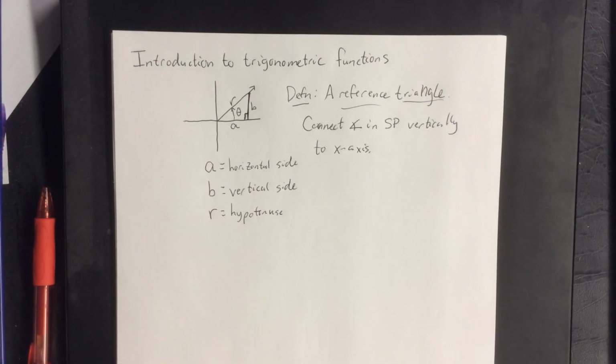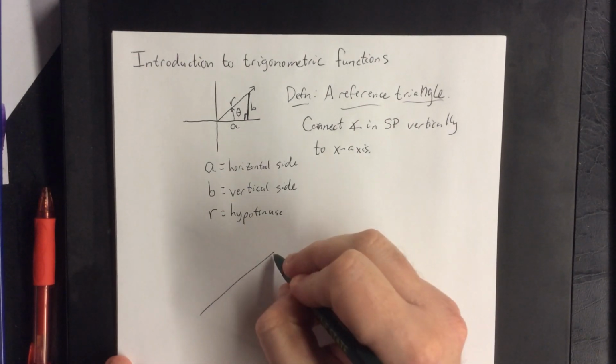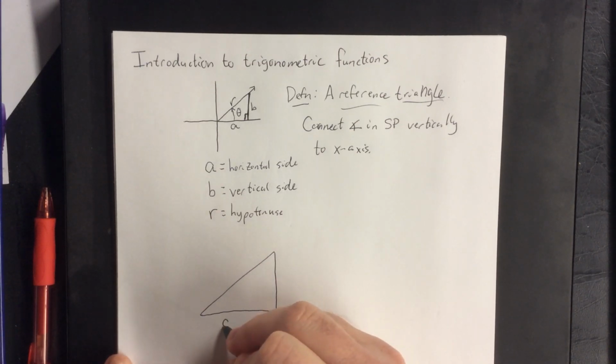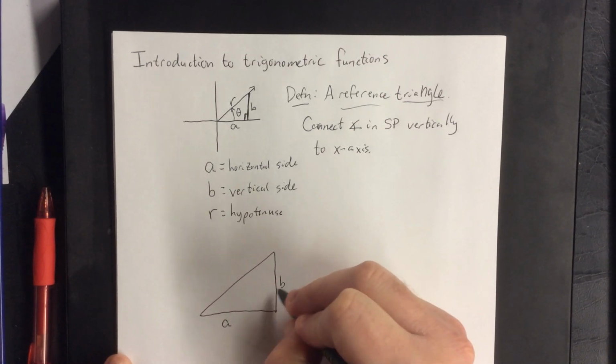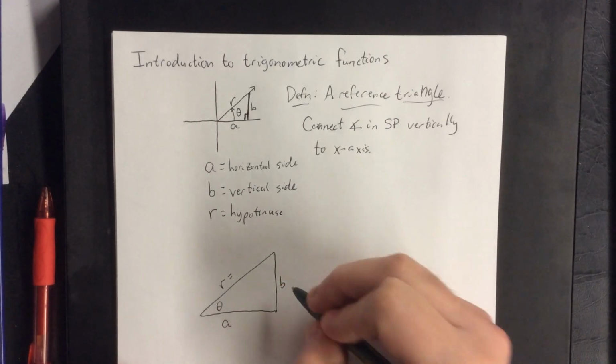Now, I imagine when it comes to right triangles, you're probably used to a slightly different nomenclature associated with this, so I'm going to recopy this down in another fashion. So we'll call that A and B and R, with our theta being right here.